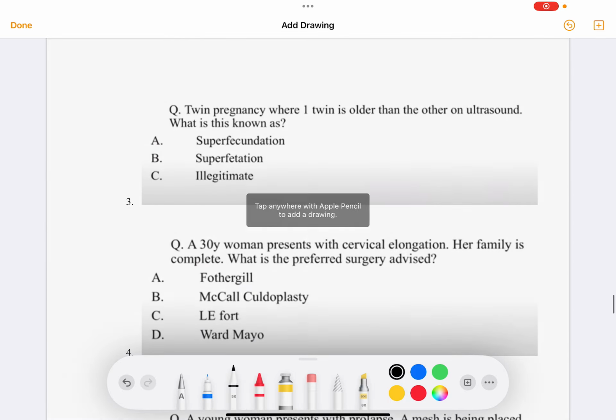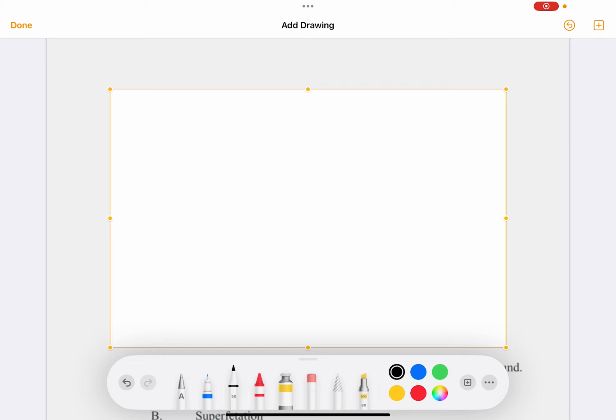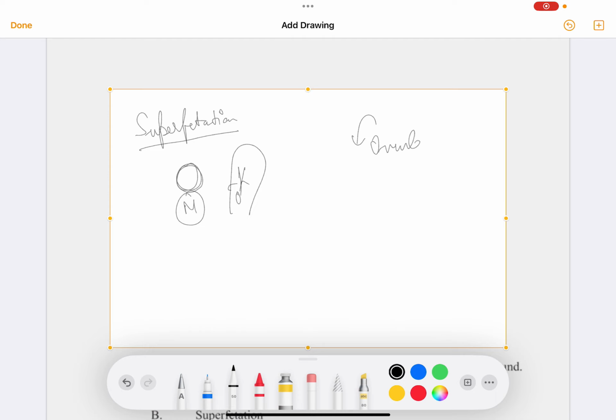Question number 3: twin pregnancy where one twin is older than the other twin is called superfetation. So let us talk about superfetation and superfecundation. In superfetation, suppose in month 1 pregnancy has occurred and one baby is there in the uterus. But next month, or 1 or 2 months after that, ovulation has occurred again.